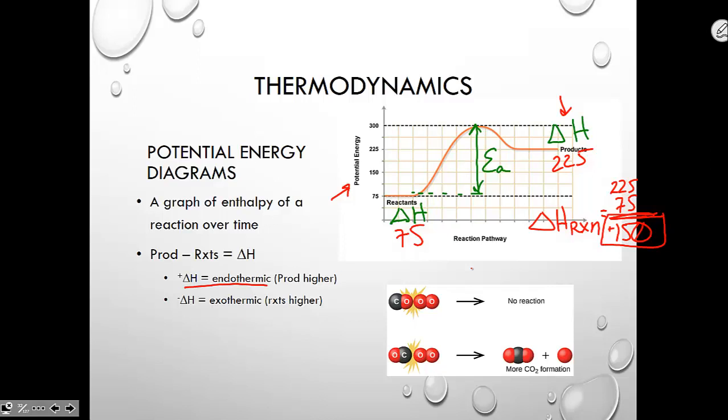This change in energy of your products minus your reactants is how the energy would change as this reaction occurs. This is a positive enthalpy value, meaning this is an endothermic reaction. This reaction would feel cold as it occurs.